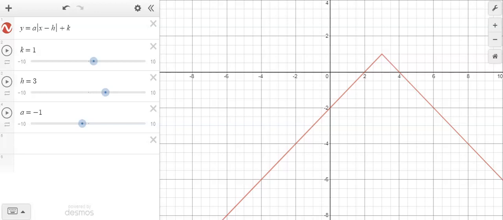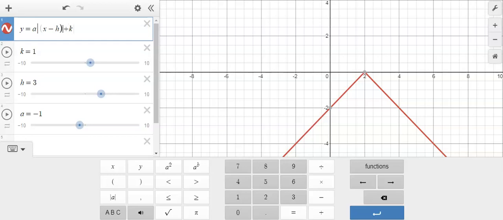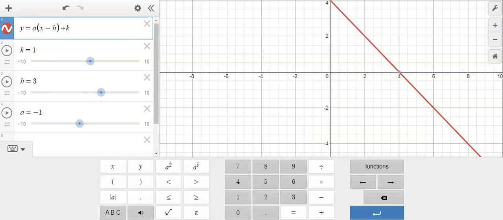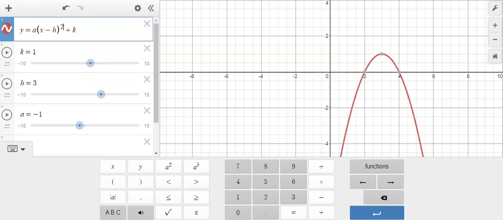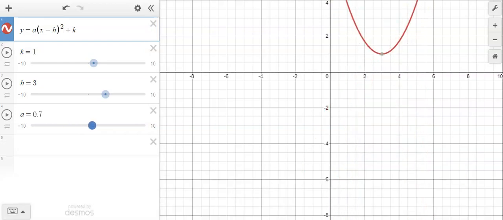Now notice that this is the exact same thing that is going to happen if we change from an absolute value into a squared function. So let's go back to our parent function.